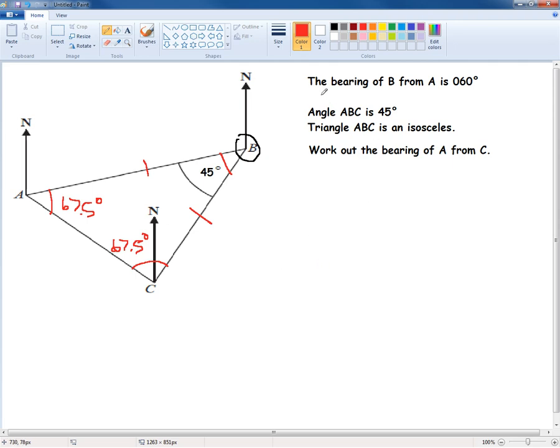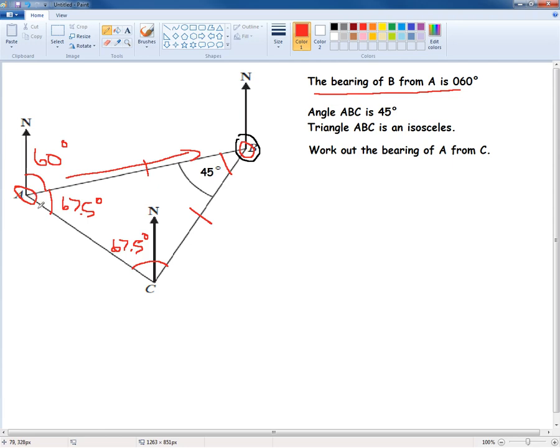Now we can look at this part of the question here. The bearing of B from A is 060. So the bearing of this line is 060, or in other words, the angle from north to that line going out to B is 60 degrees.